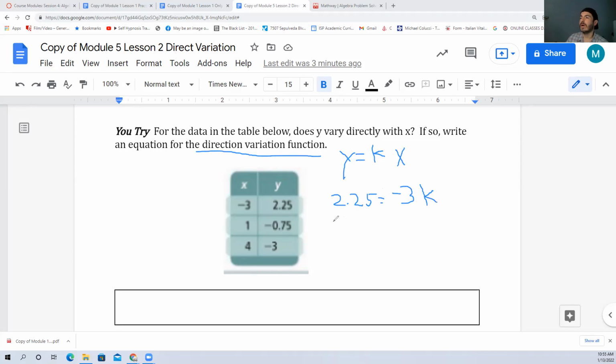-0.75 needs to equal 1x. So I'm just going to write an x. -3 needs to equal 4x. Okay, well, I'm going to look at this one.